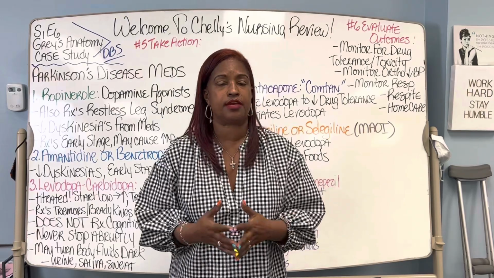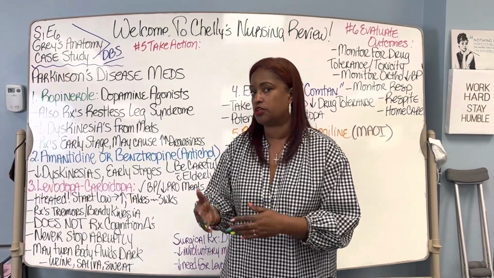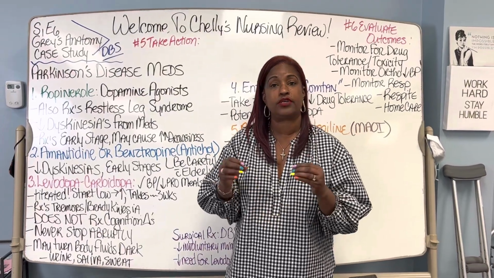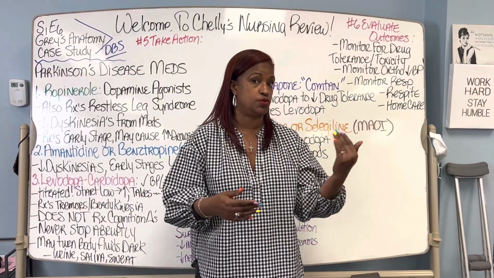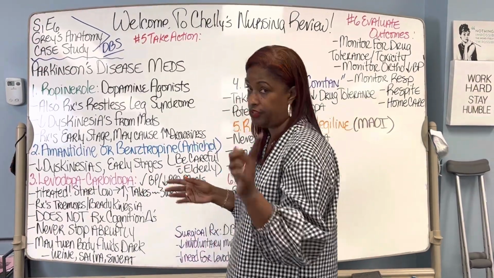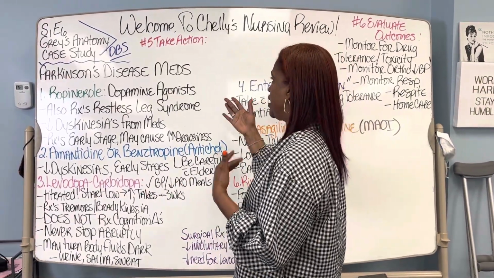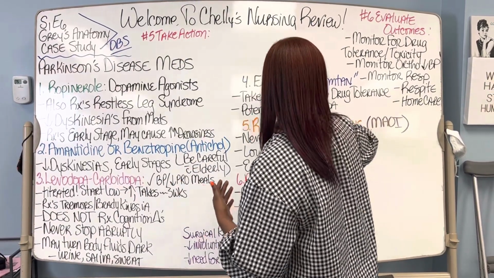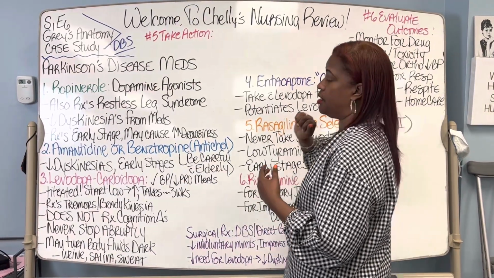This final segment of Parkinson's, this final conclusion of Parkinson's, is going to focus now on the last 2 steps in the clinical judgment model. You may remember, hopefully you do, that the last 2 steps of the clinical judgment model are take action and evaluate outcomes.